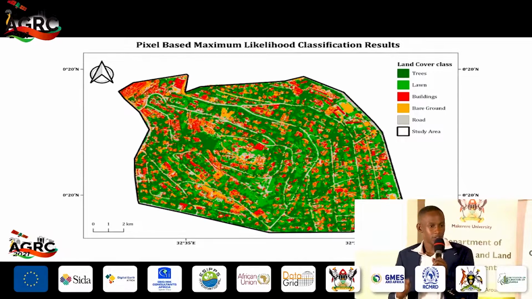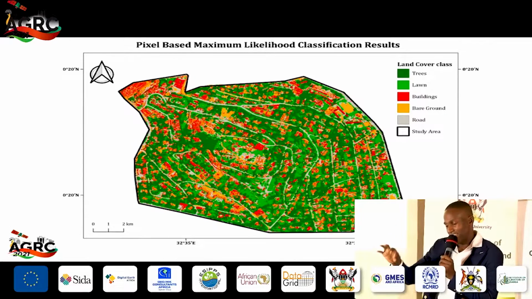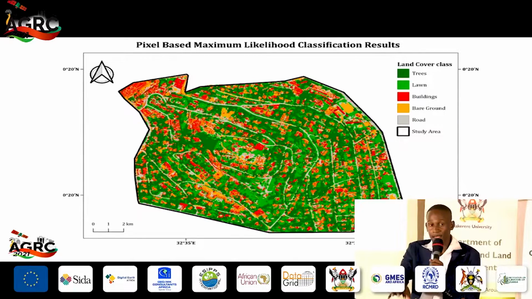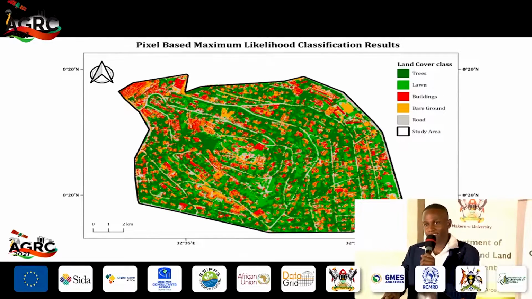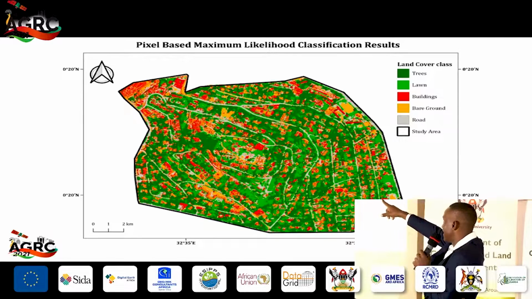And from remote sensing, we know that the roads, the buildings, and the bare ground are related in terms of reflectance. So you will always have problems of misclassification of those 3 classes. And actually, since you're having high-resolution imagery, you'll always have crystal-like structures in your classification, as you see here.